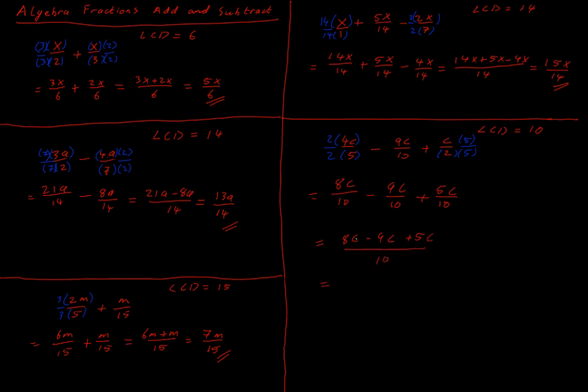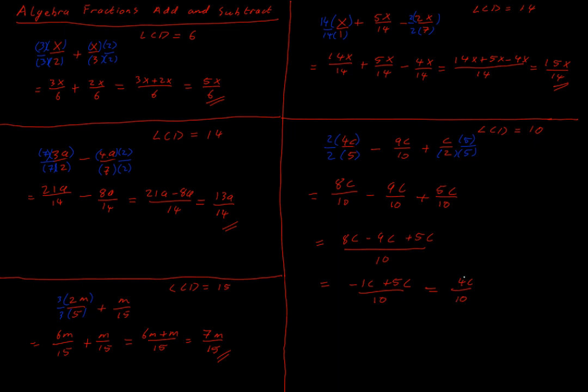Add up my numbers here, I end up with 8c minus 9c is minus 1c plus 5c all over 10, which is equal to minus 1c plus 5c. If I start at minus 1 and I add 5, I end up with 4c all over 10. And I could leave my answer there, but if I'm being careful, I can see that I have a common factor.